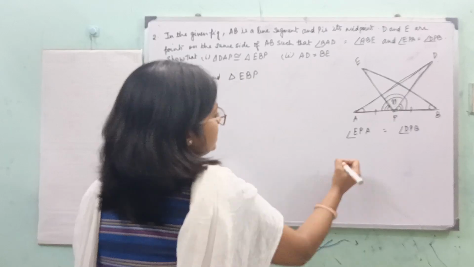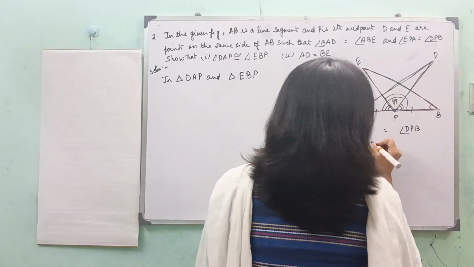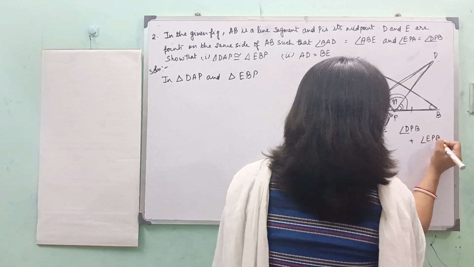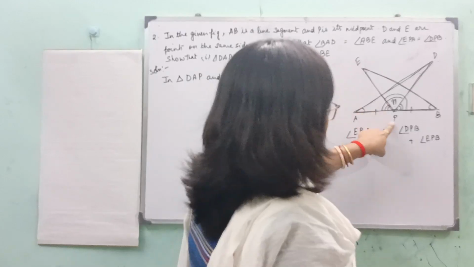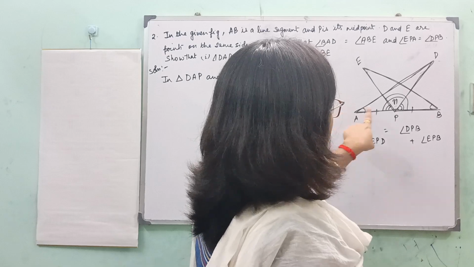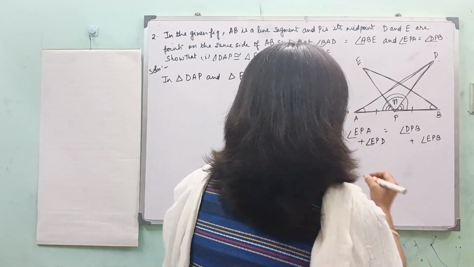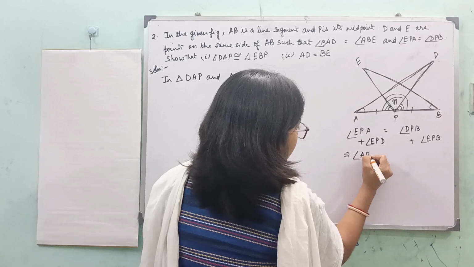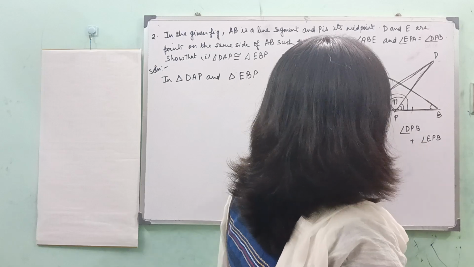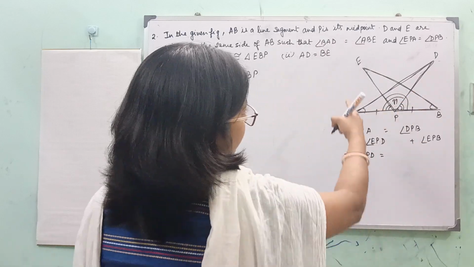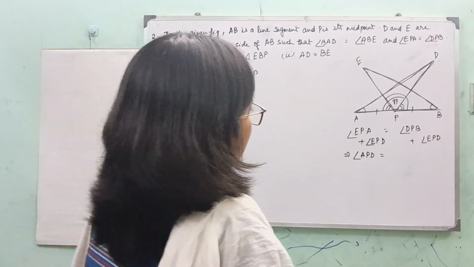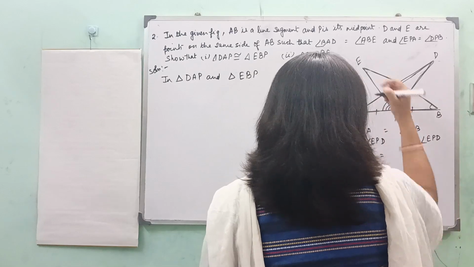Now, if to both sides I add angle EPD, we can do this. So you see from the figure, EPA plus EPD gives us angle APD, and DPB plus EPD will give us angle BPE.